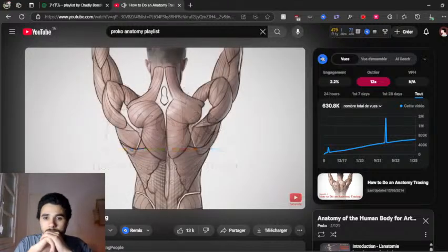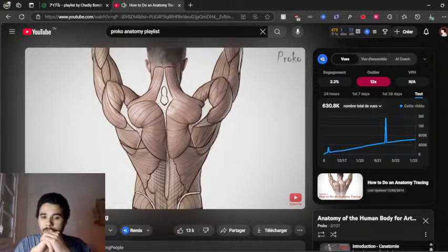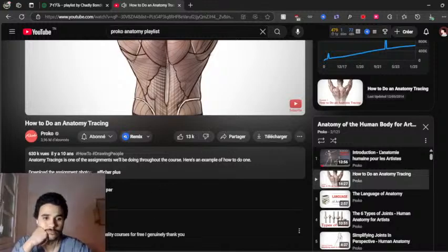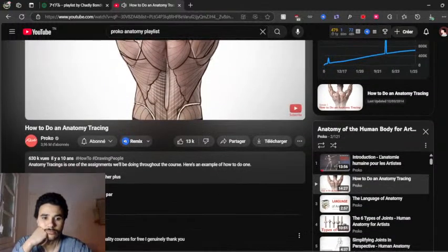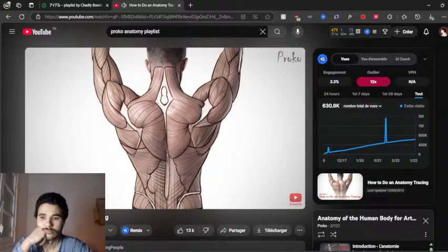Hey guys, so I want to introduce you to an exercise that I really like doing, and it's something that's very important and it's going to be in a lot of the assignments throughout this course. And that's tracings. We're going to be doing tracings over photographs. And the reason this is important is because it tests your knowledge of the muscles.